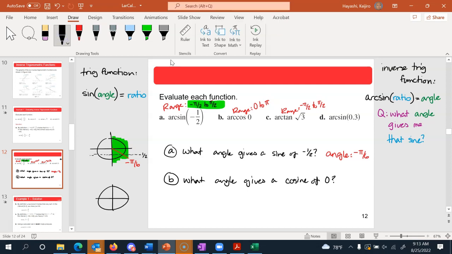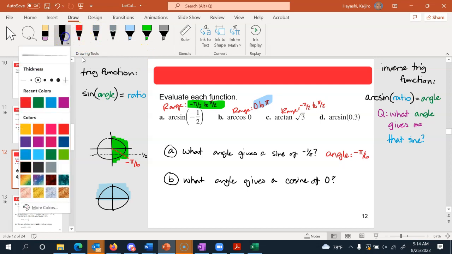Okay. Now, the range being from 0 to pi means that we're restricted from the angle 0 to the angle pi. And we're looking for a cosine of 0? Well, that means we're looking for an x value of 0.